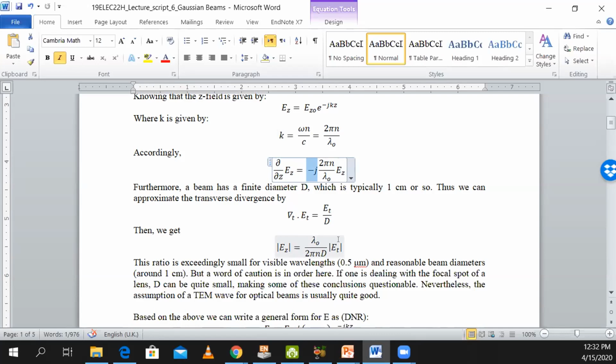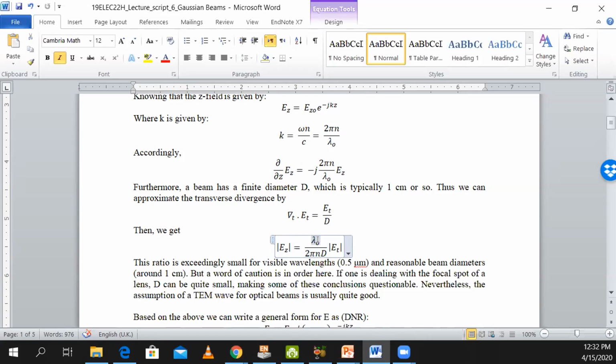Okay, simply until now it's some mathematical shuffling in order to get a relation between Et and Ez, but what is the physical meaning of this relation? This is the important question. So now let's try to examine this term, which is lambda naught over 2 pi n d. Lambda naught expresses the wavelength of light.